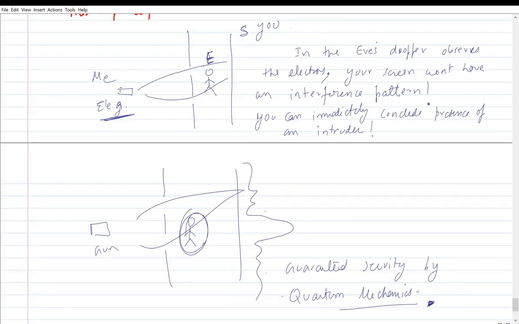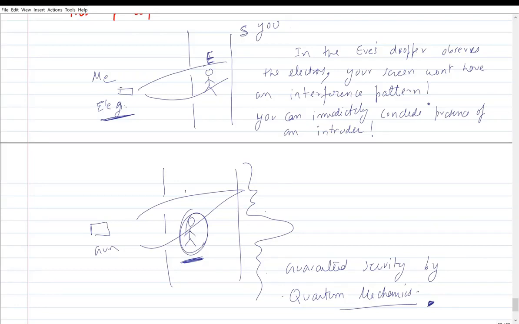So appreciate, this is so different than classically. Classically, you can never be sure what I am sending you is being trapped or not. There's no such phenomena classically. I can be sending you messages and someone would be observing those messages without even disturbing them. Quantum mechanically, as soon as someone tries to interrupt, he would come to know which path the electron has taken, and this interference pattern would be lost.